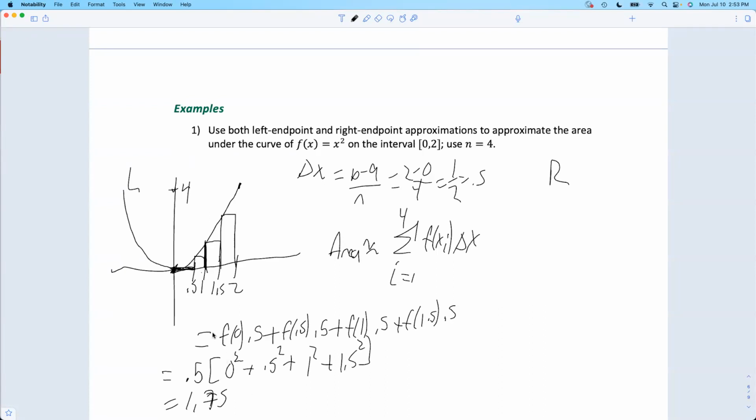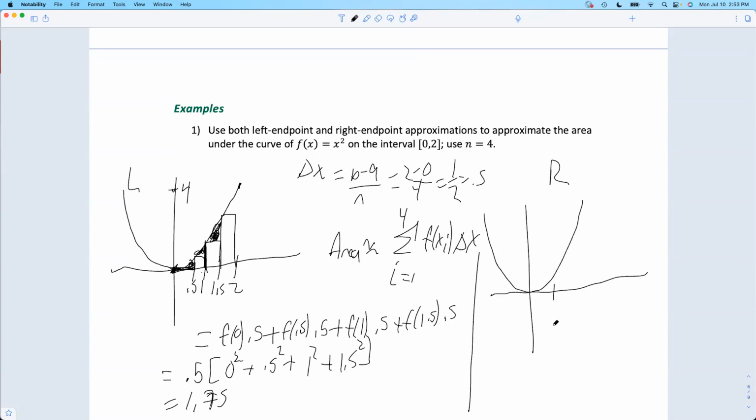This is an area. And we can see literally from the picture that that's an underestimate because I didn't count that chunk, these little triangle kind of pieces. I missed all of those. This is an underestimate.